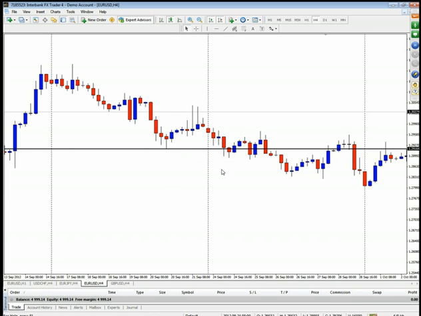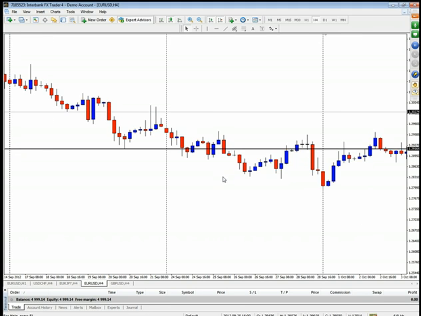There's a saying that you can win only 33% of your trades and lose the rest, and it depends on how many times your take profit is going to be to your stop.